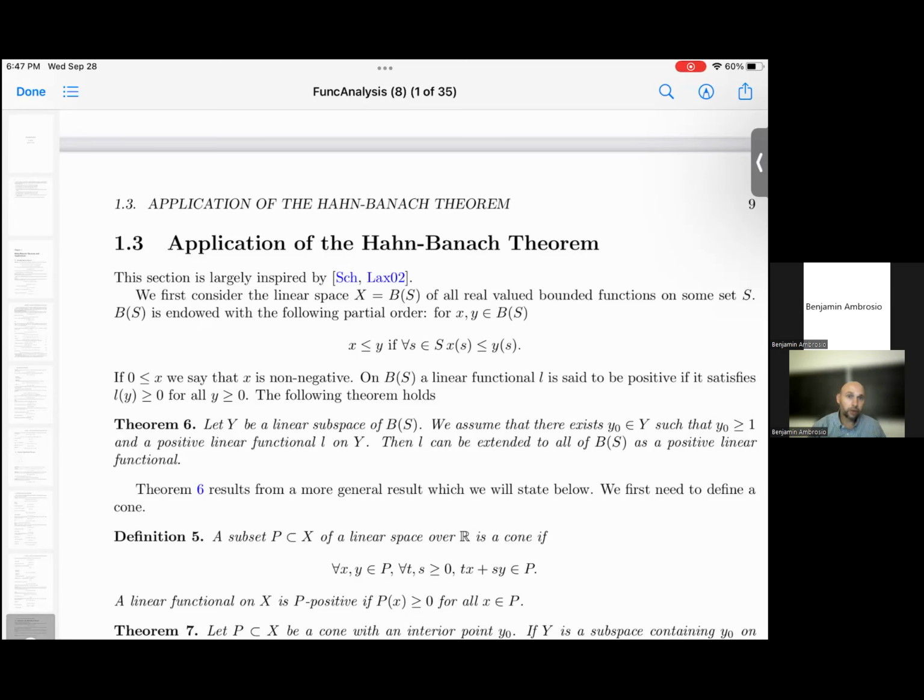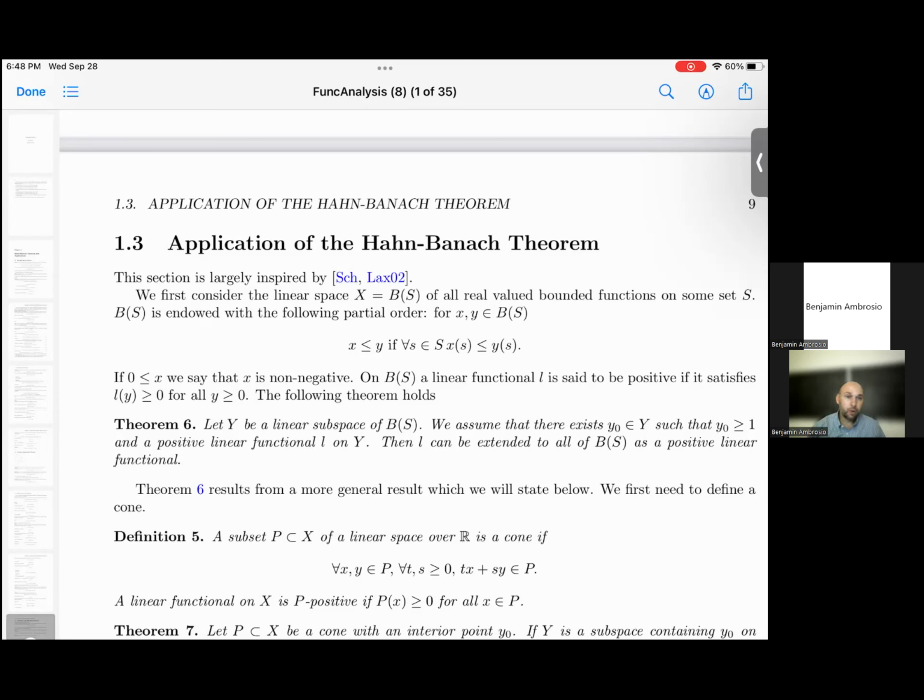So what we do is, let's start with, we consider a linear space, and the linear space X is equal to the bounded functions on some set S. For example, R^n, a bounded interval of R.